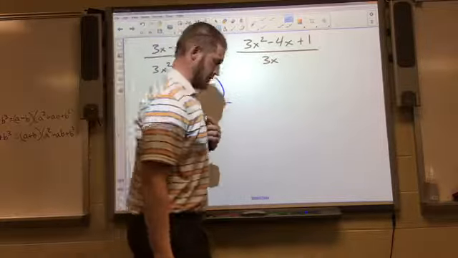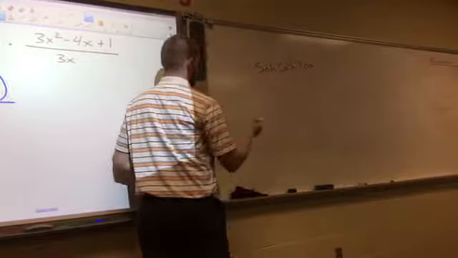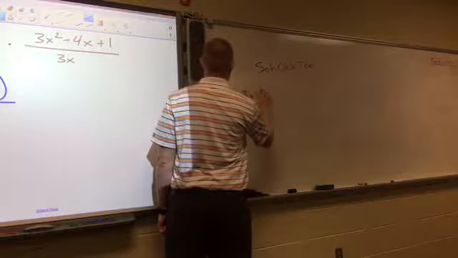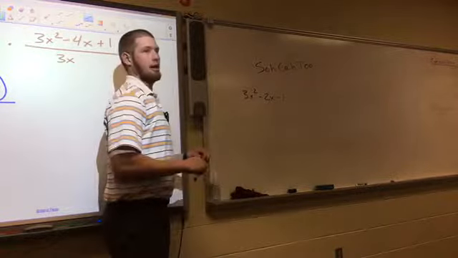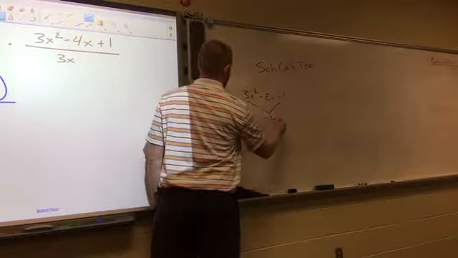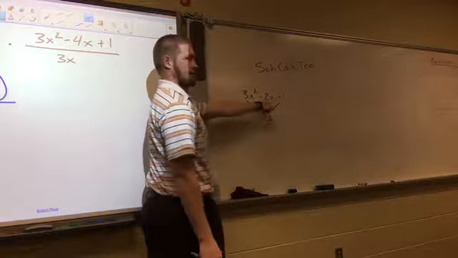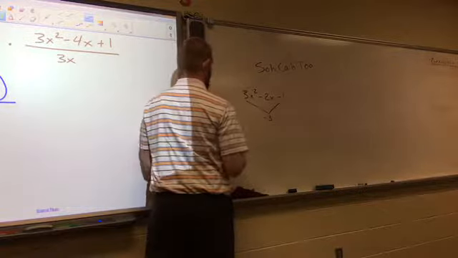We got to remember how to do it. I could take a 3 out if possible, but I need to multiply so I get negative 3. So what multiplies to negative 3 adds to negative 2? Negative 3, positive 1. So now I'm doing it by grouping.